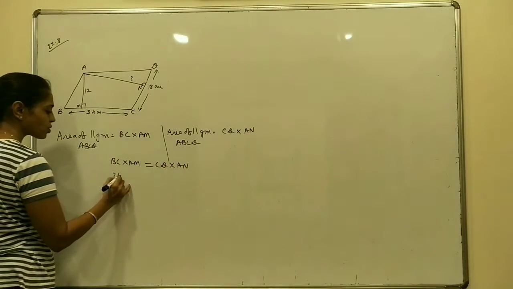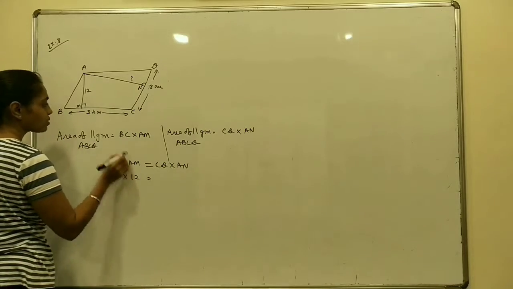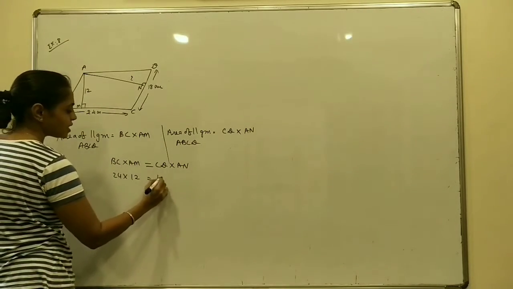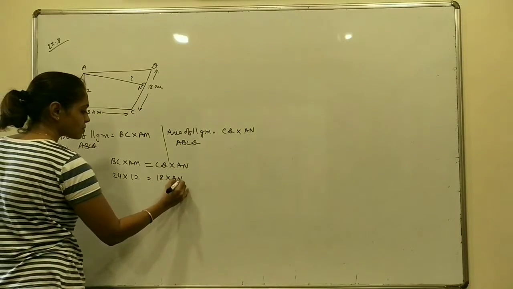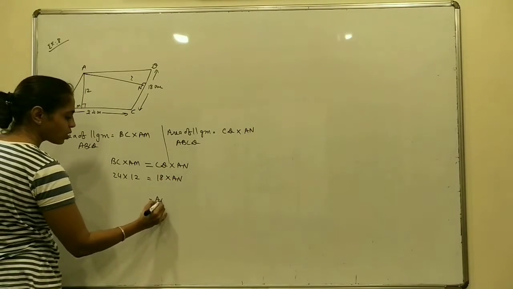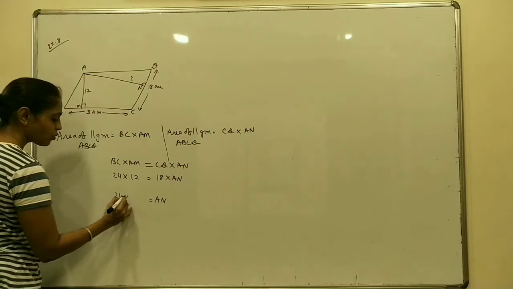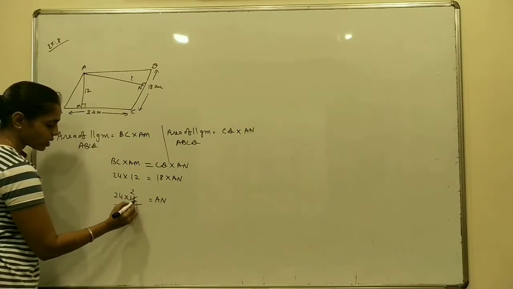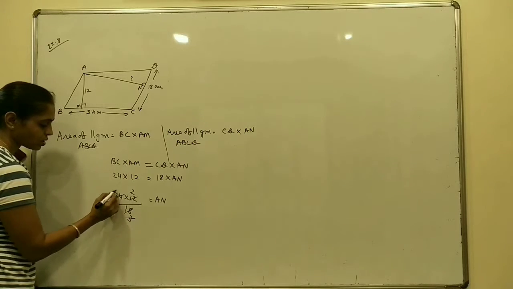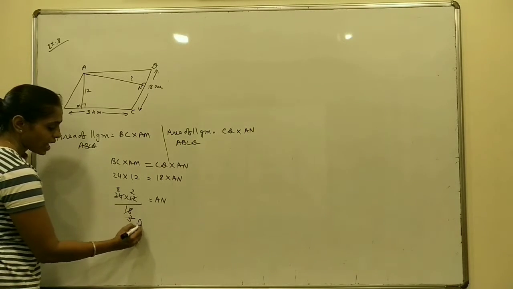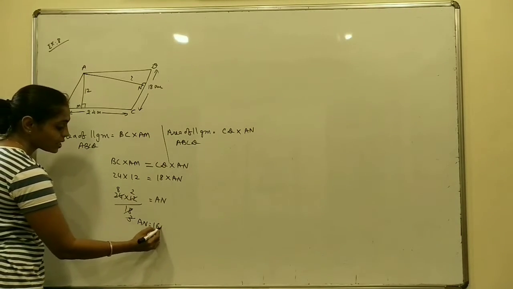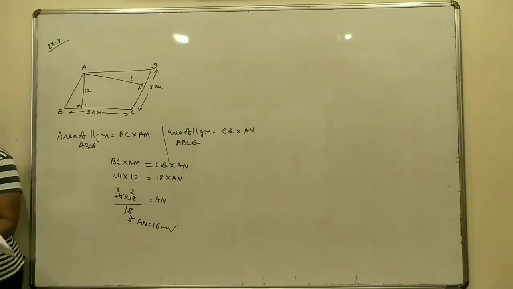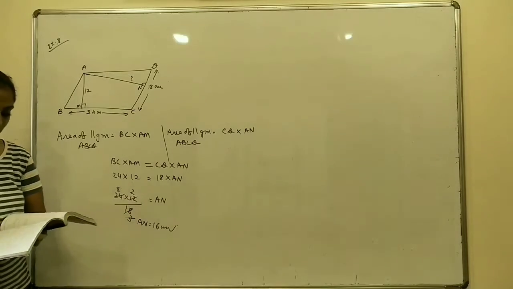BC is 24 into 12, CD is 18 into AN. Hence, AN equal to 24 into 12 by 18. AN equal to 16 centimeter.